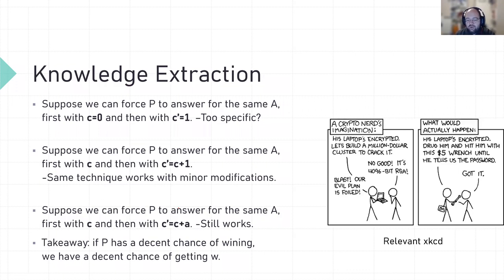Because cheating means that you can solve the protocol without knowing the witness. But if you can answer 2 out of Q different questions, then you know the witness. So you should be able to pass the protocol.